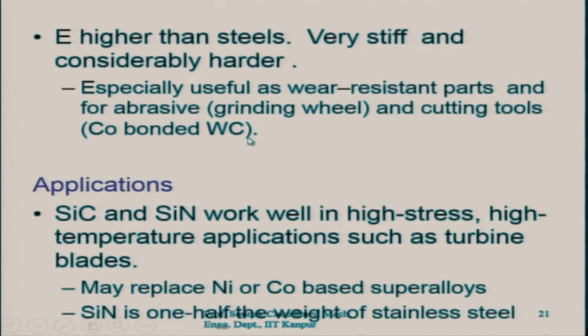Tungsten carbide is cobalt bonded. Applications: silicon carbide and silicon nitride work well in high stress, high temperature applications such as turbine blades. So, blades are also made with silicon nitride and silicon carbide.